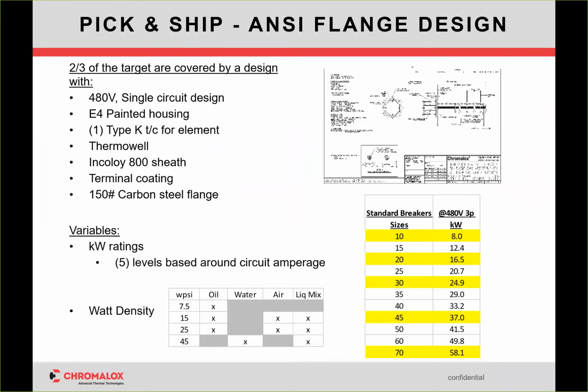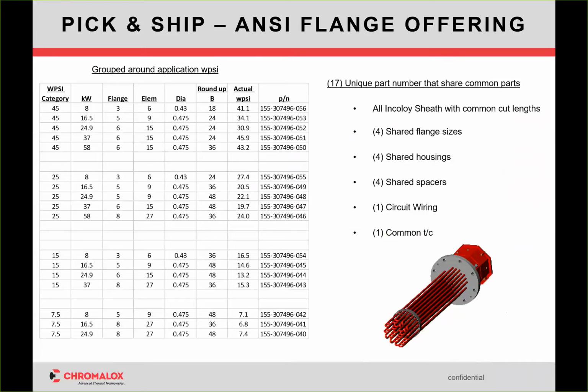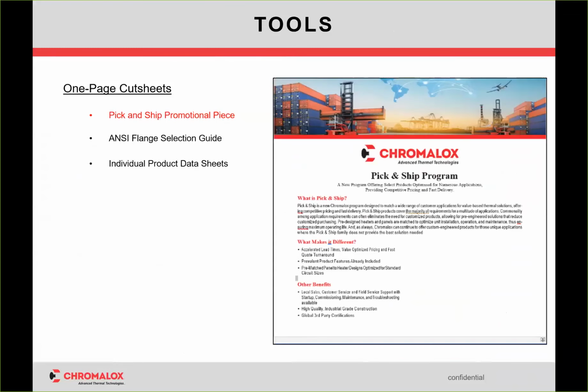But more importantly, the watt densities and the selection around that, they developed a matrix of stock items. These are on the shelf. These are available. So when you have the conversation with your customer and you get to the point of you need a 15 or 20 or 30 kW heater, do the application, and then you hit them with it's 2 to 3 weeks for approval drawings and another 4 to 6 for delivery, and they're like, I need it next week.